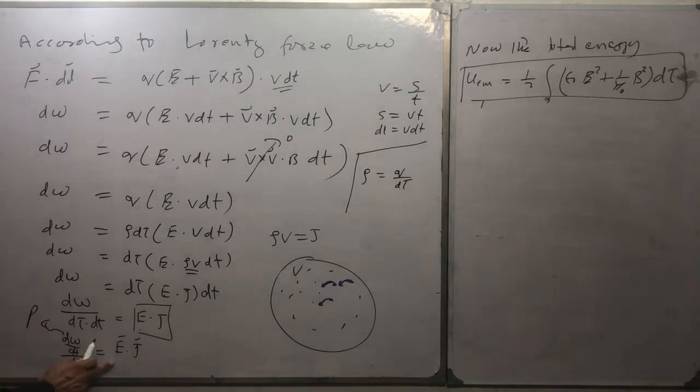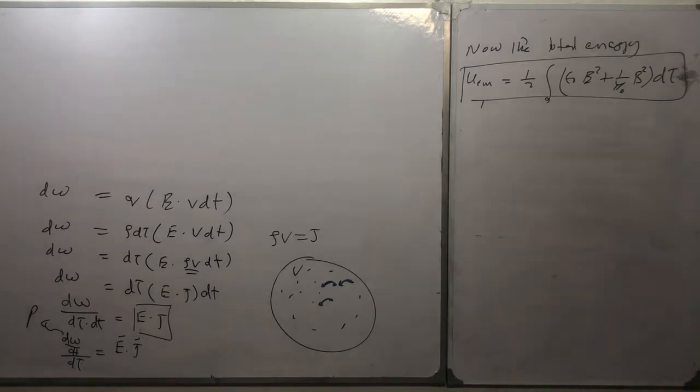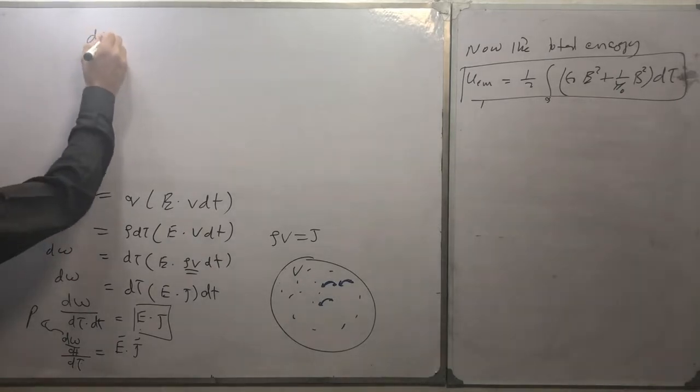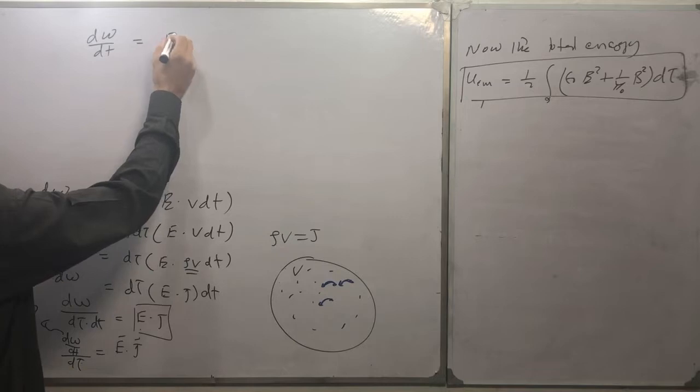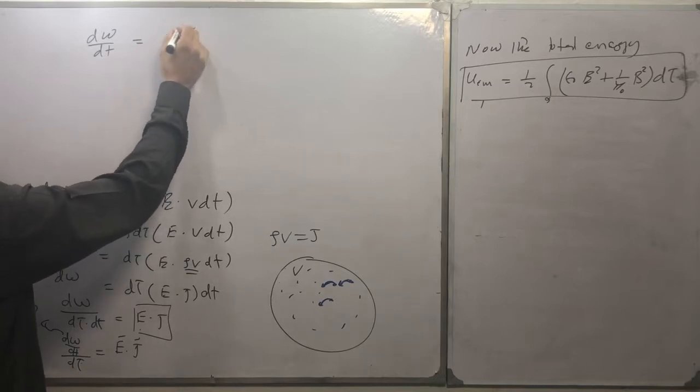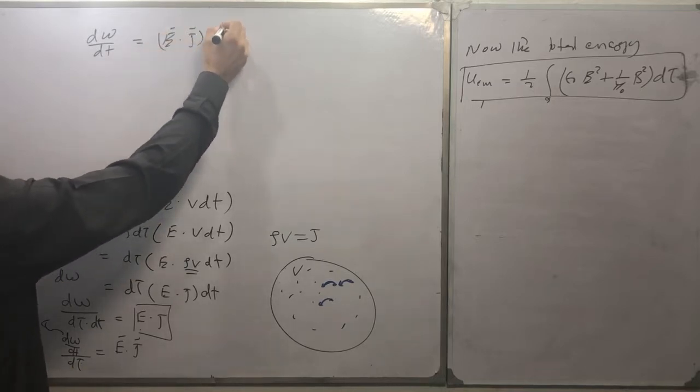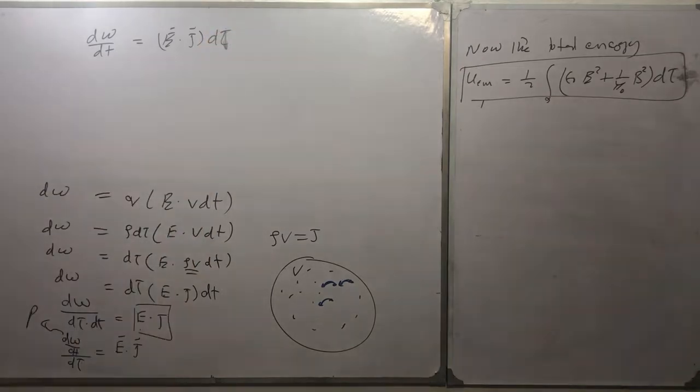So E dot J is nothing but power per unit volume.